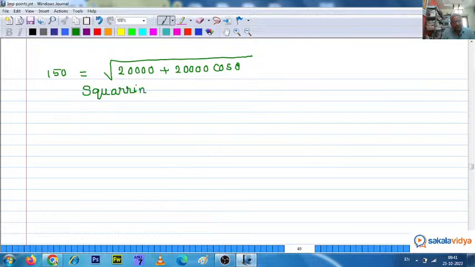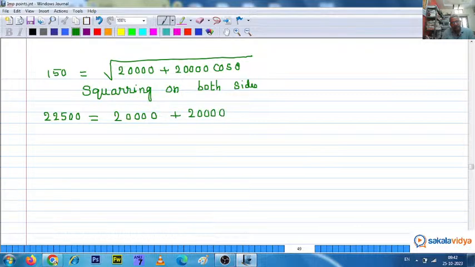I am writing directly. Can I write directly? Squaring on both sides means 150 square. 15 square is 225, so 225 with 2 zeros you will be getting, is equal to 20,000 plus 20,000 cos theta you will be getting.